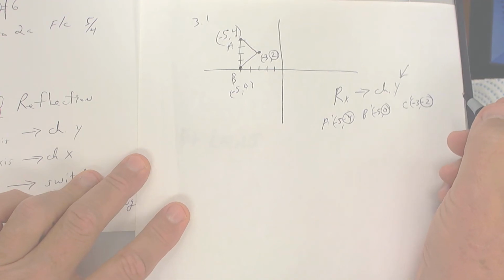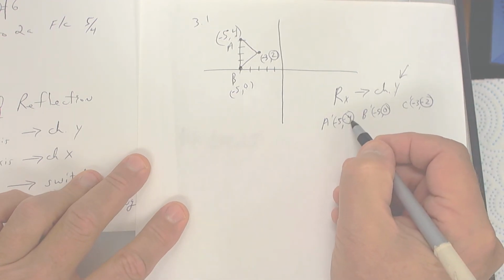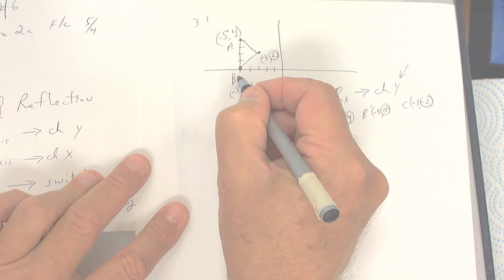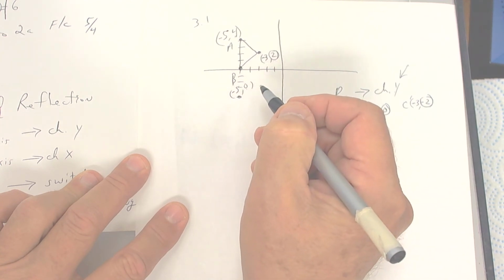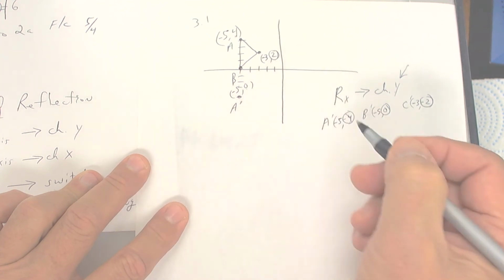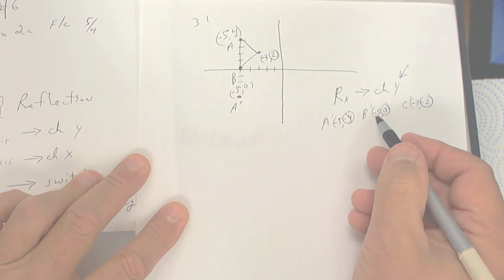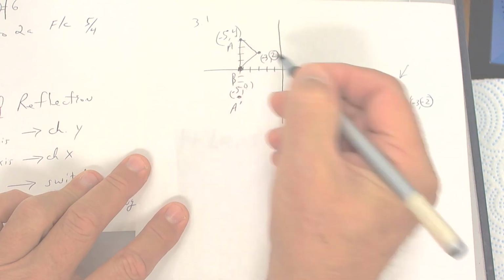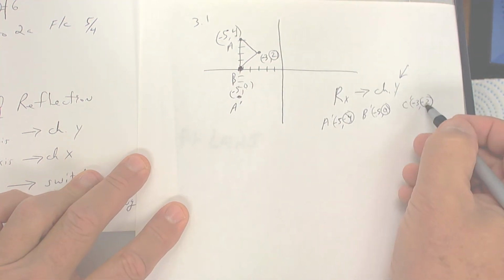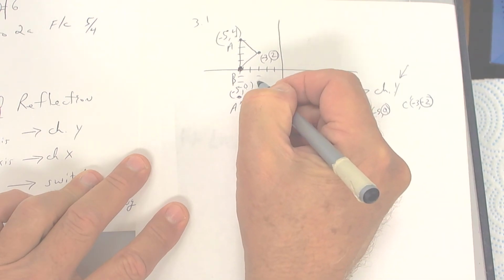Okay, so let's graph it. -5 down 4, so -5, 1, 2, 3, 4. This is going to be point A prime. -5 up 0 is going to be the same point here. I'll put a square. We'll try to put a square. This one's -3, -2 is going to be here.